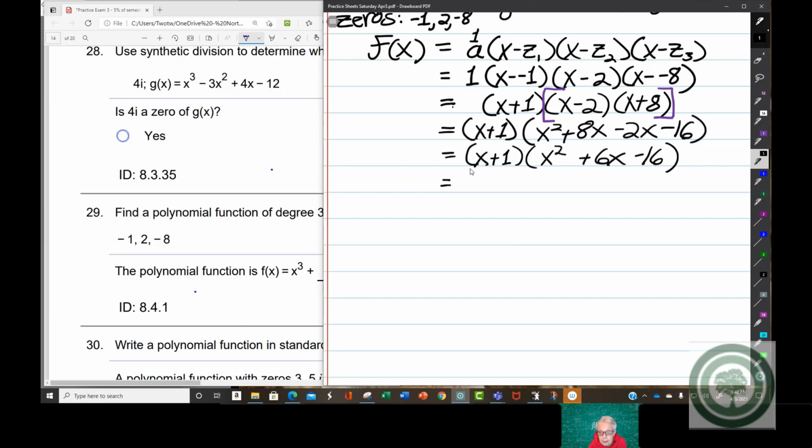Take this x, take the first x, and multiply the second parentheses, what's in the second parentheses, by it. And then take the plus 1, bring it over here, plus 1, and multiply it by this set of parentheses.